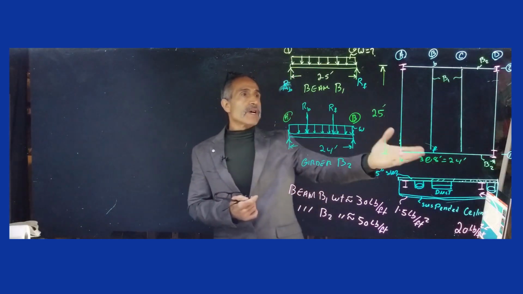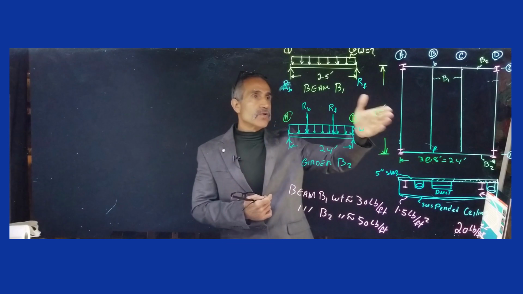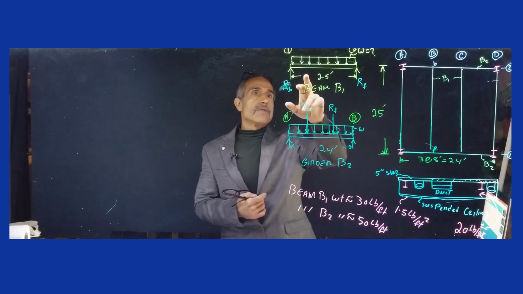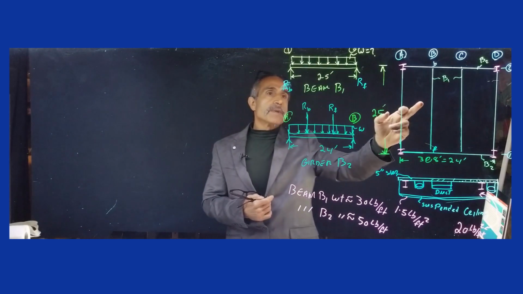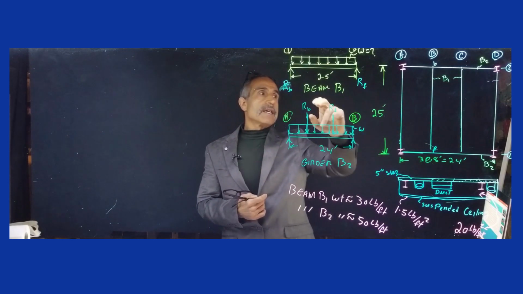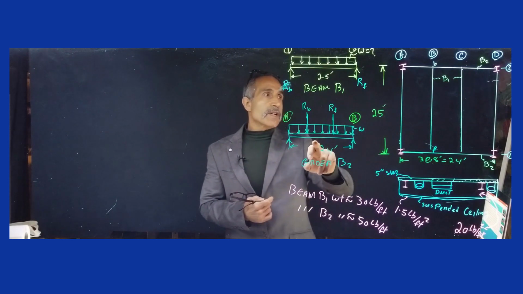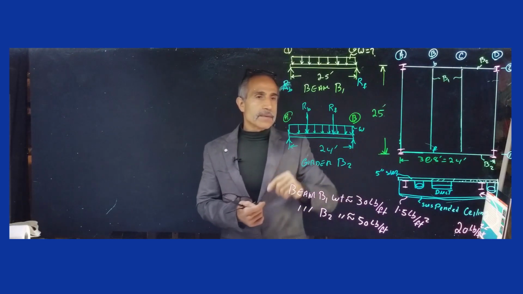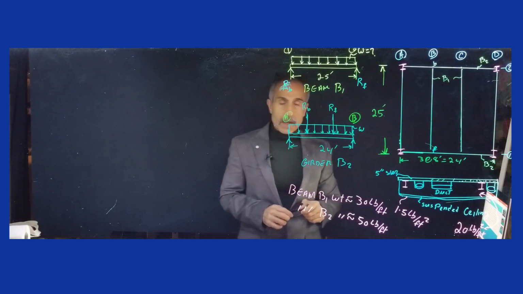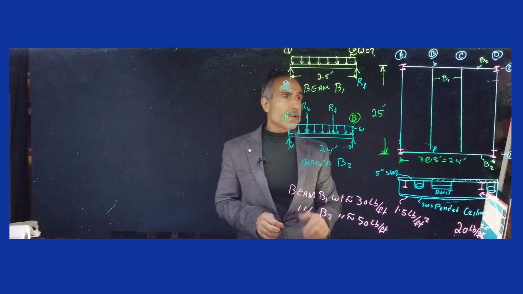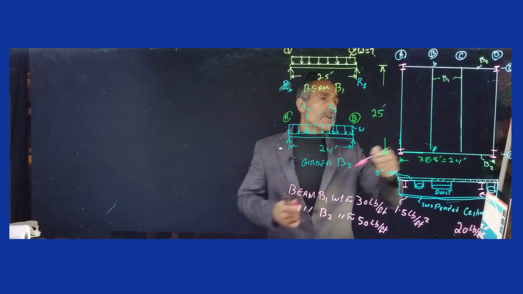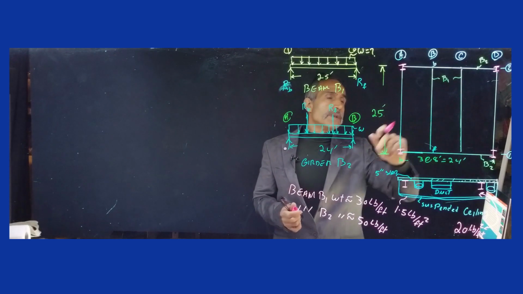If we draw a free body diagram, this is the load I'm looking for, the uniform load on top of this beam, and then what it does on the girder when it's supported by the girder. We talked about tributary area in the previous lecture. Before I go ahead, I've got to find the tributary area of this beam.